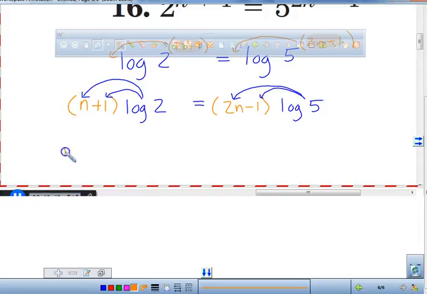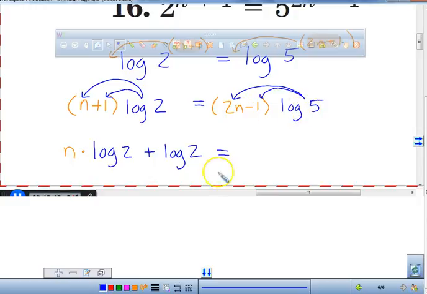This number is going to always be up front. So it's n times. Now you don't have to put the dot there, but I want you to understand it's n times the log of 2 plus, what's 1 times the log of 2? It's just log of 2. So if we distribute the log of 2 to both numbers, you're left with n times the log of 2 plus the log of 2.